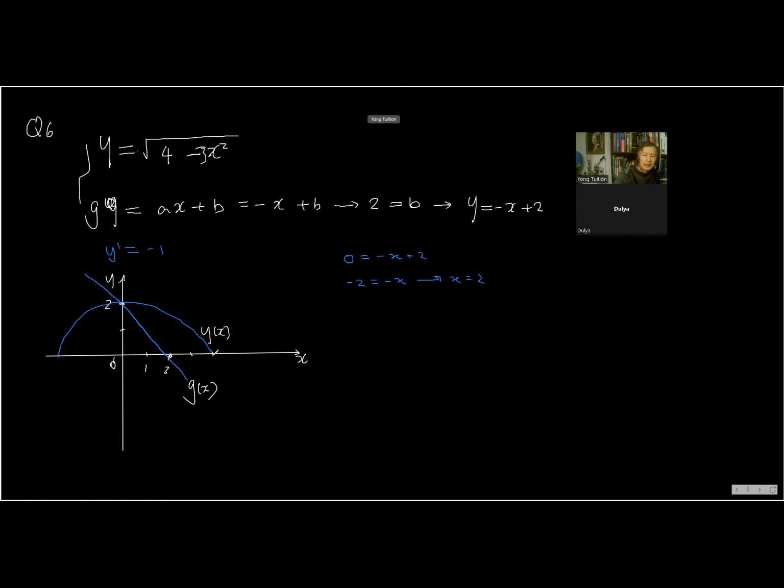So what is the other intersection for y? When x is equal to what, what is y? What is the x-intercept for the other one, for the y, for the g? Oh, you solved x. Good. Root 3 by 2.